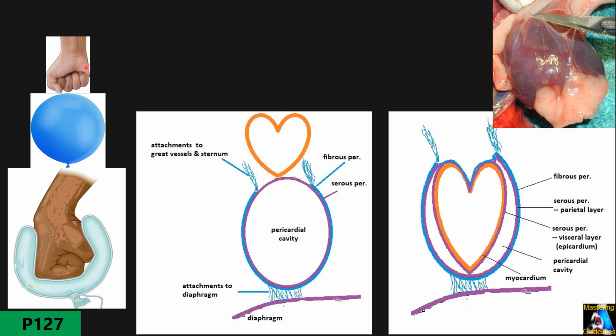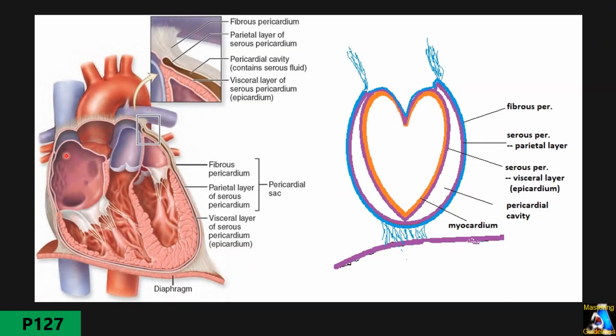Let's go into a little more detail. Here we have a schematic of the heart and pericardium. As you can see here, we have two walls and three membranes or layers actually. Let's see how they are. The pericardial cavity is inside the serous sac. Serous sac means it has two layers.